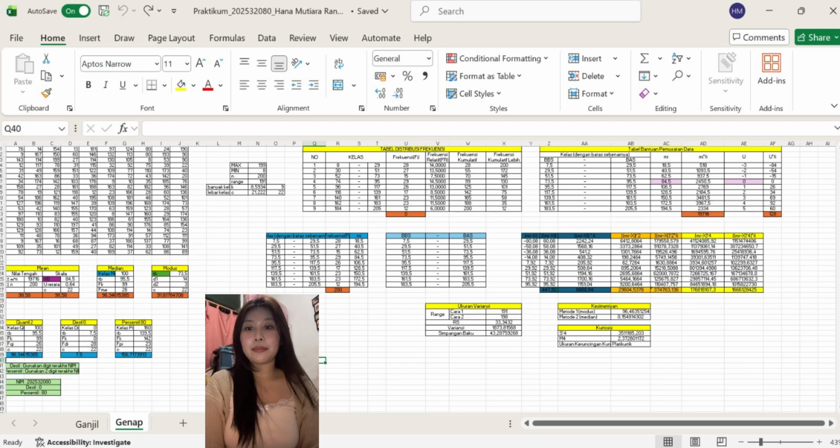To find the median, we locate the middle position at data number 100, which falls into the class interval of 96 to 117.